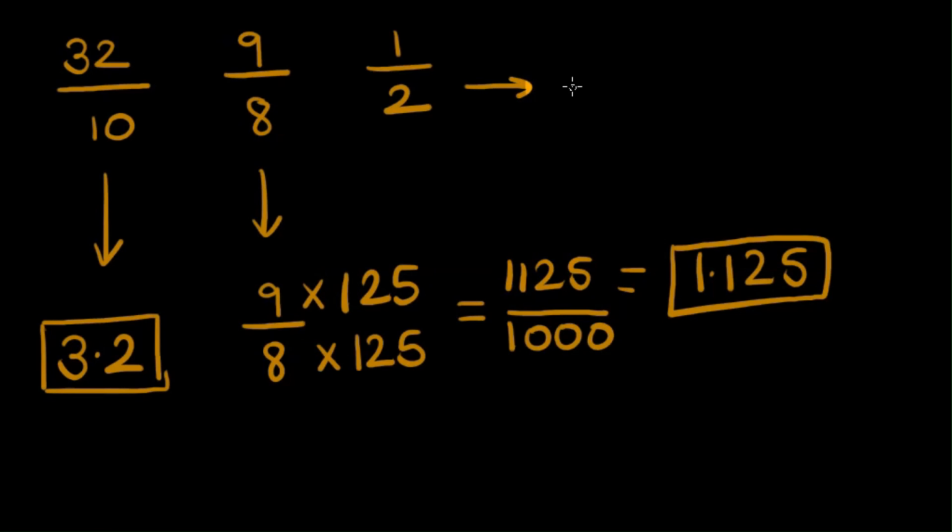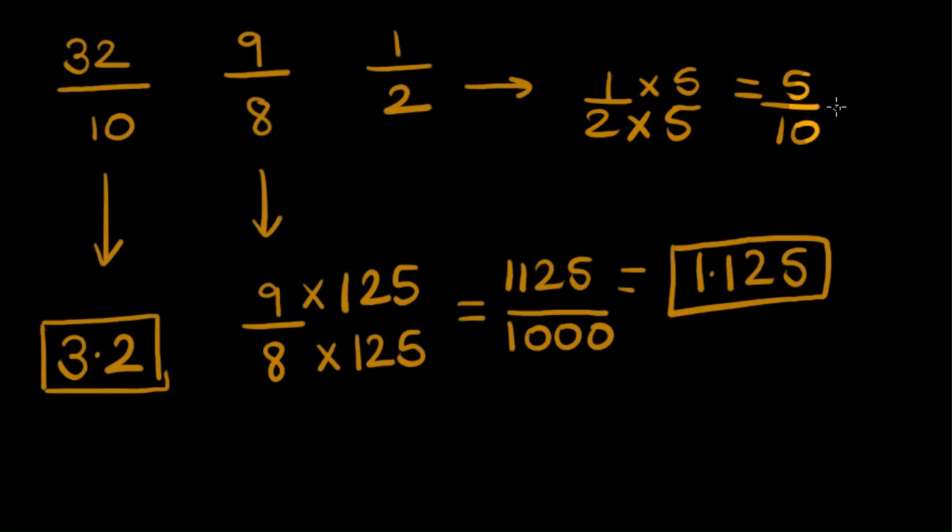And now in this case I have 1 upon 2. So 2 needs to be multiplied by something that will get the denominator to 10 or a power of 10, and so does 1. So I'll multiply 2 by 5, and so will 1, and so we'll get 5 upon 10.